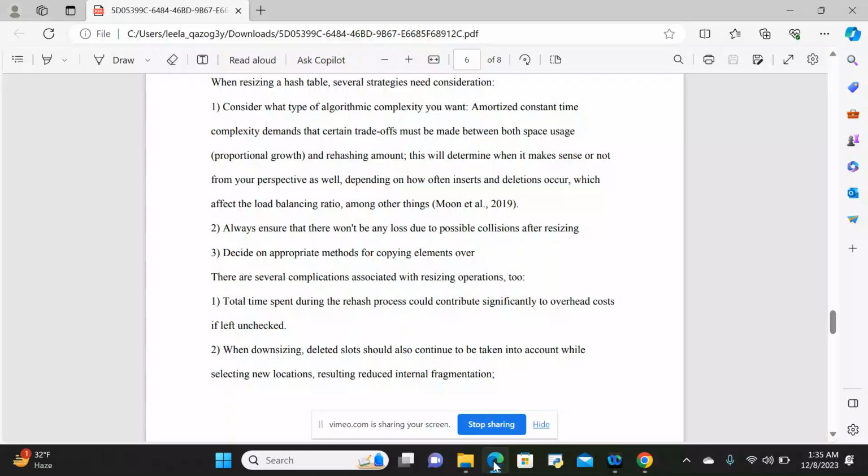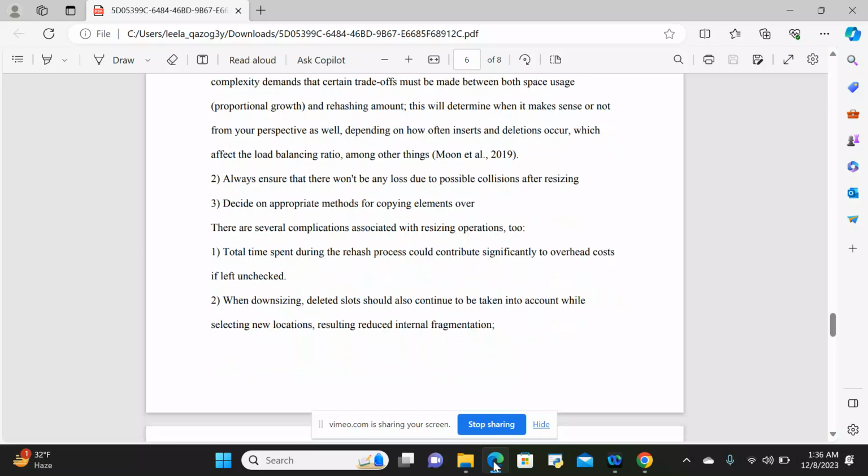Complexity demands certain trade-offs be made between space usage, growth, and readjustment amounts. This determines whether resizing makes sense or not, depending on how often insertions and deletions occur, which affects the load factor, among other things.